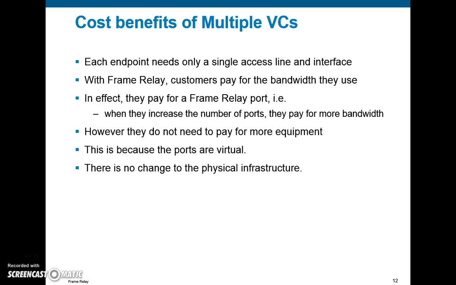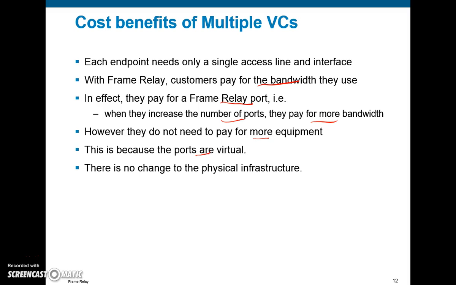And also with frame relay, we pay for the bandwidth that we use. So in effect, we are only paying for the ports. If I increase the number of ports, I just pay for more bandwidth, but I do not need to have more equipment. There's no need for more equipment because ports are virtual. That means the ports are identified by the DLCI numbers.